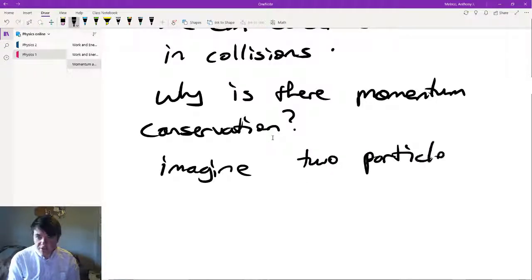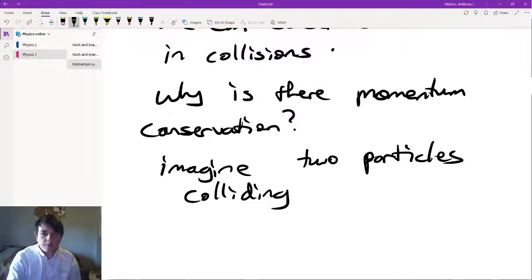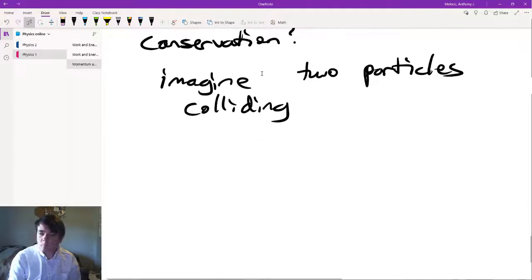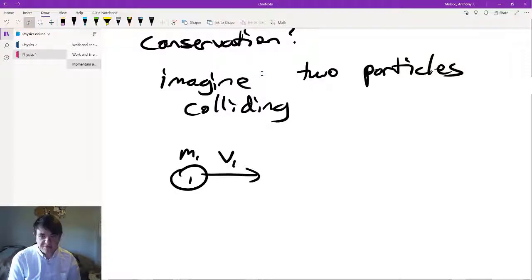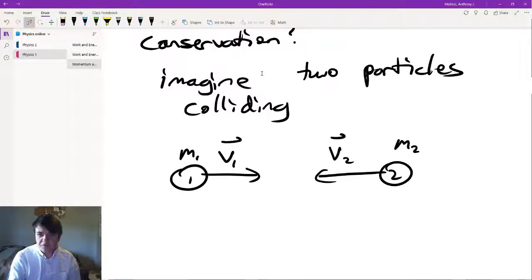So here you want to imagine two particles colliding. So this is very generic. You can think of these as like, I don't know, two protons or even two balls or whatever. It doesn't really matter. So we'll say there's ball 1, it has mass 1, and it has a velocity. We've got ball number 2 with the second mass, and it's also got a velocity.